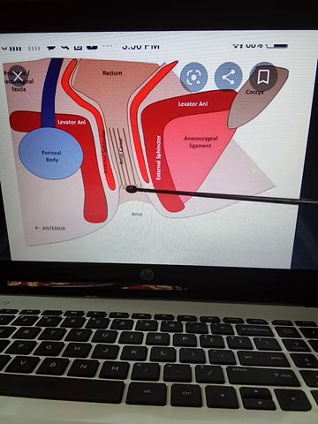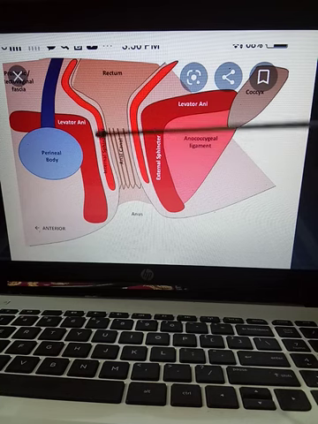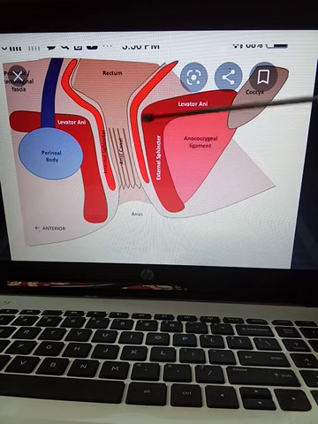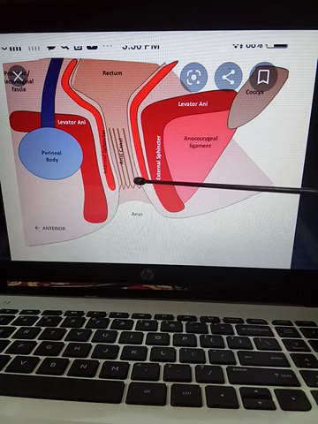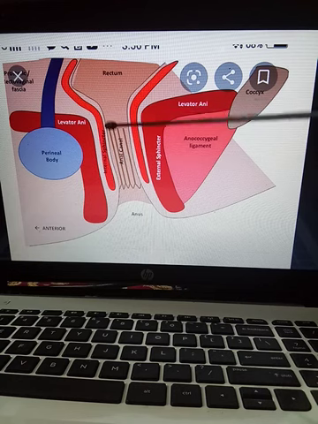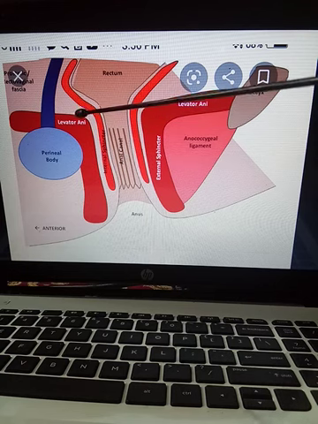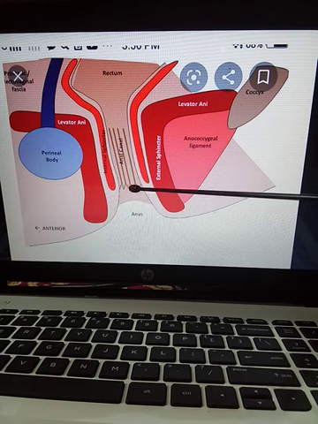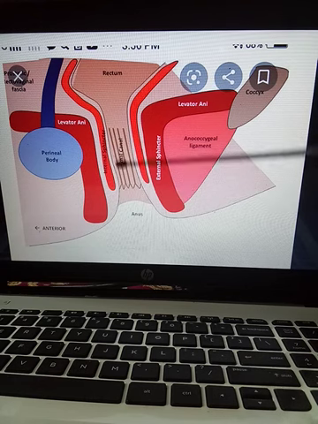Moreover, this anal canal is surrounded by sphincters. This is the internal sphincter and this is the external sphincter. Its direction is downwards and backwards. So it has a length of 3.8 centimeters and extends from the anorectal junction to the anus.